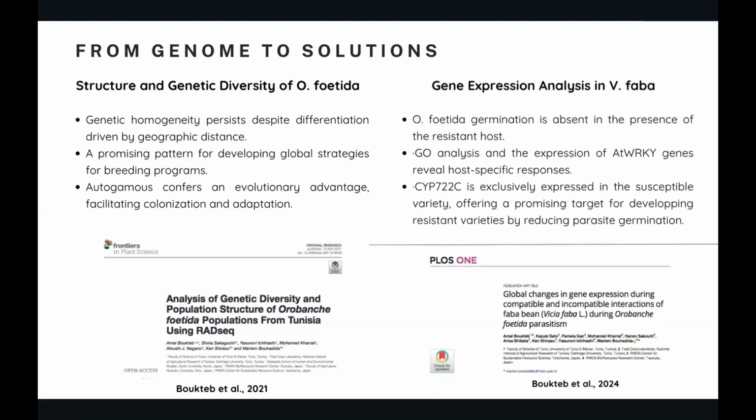So the second part of this project was about the gene expression analysis in Vicia faba, and the resistance of our host was characterized by the absence or limited germination of Orobanche seeds in the presence of the resistant host.